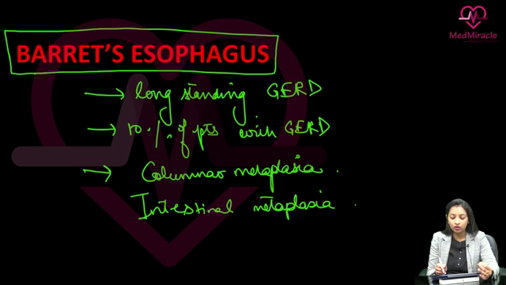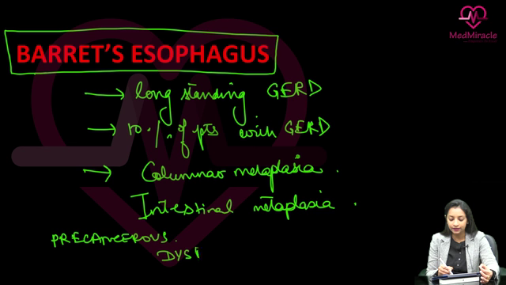So, columnar or intestinal metaplasia is the characteristic feature of Barrett's esophagus. It is important because it is a precancerous condition. So, long-standing Barrett's esophagus can give rise to dysplasia and eventually it can give rise to adenocarcinoma.